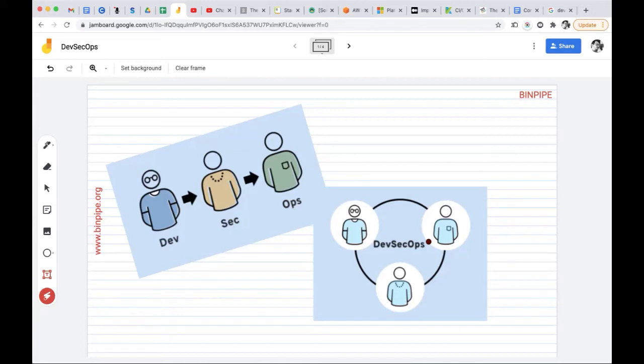Now, automating repeated tasks is key to DevSecOps, since running manual security checks in the pipeline is time consuming. So similarly, security checks are also embedded in the pipeline and happen automatically. Now, with DevSecOps, the security is automated.